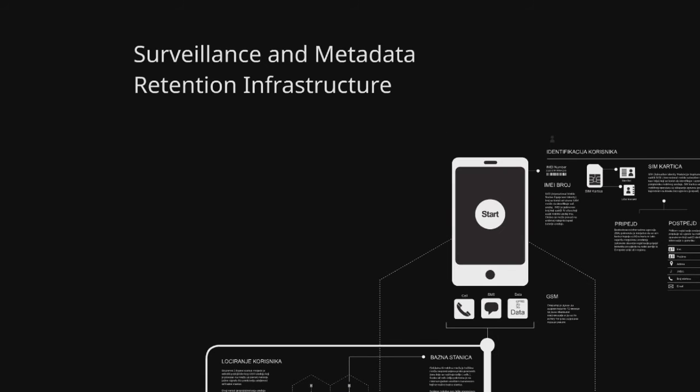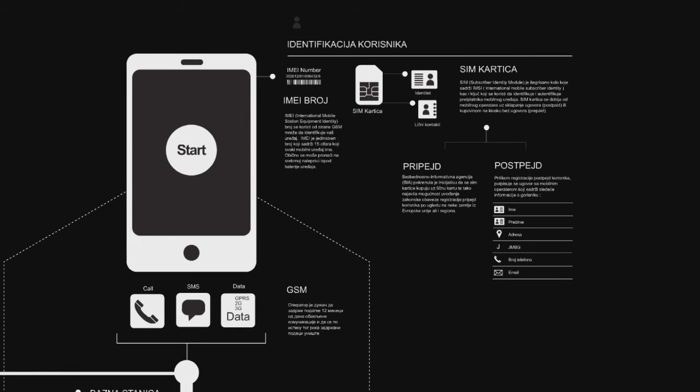It's related to surveillance, metadata and retention infrastructure. So it's basically how they are receiving information from your mobile phone and how they are tracking your metadata. So basically you have a mobile phone. Inside every mobile phone there is something called an IMEI number.